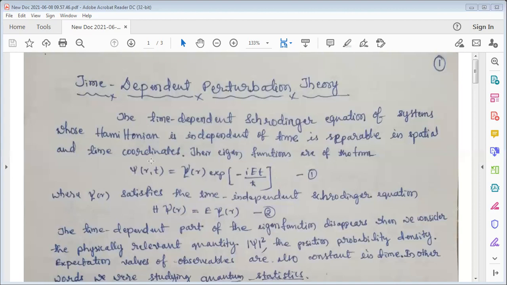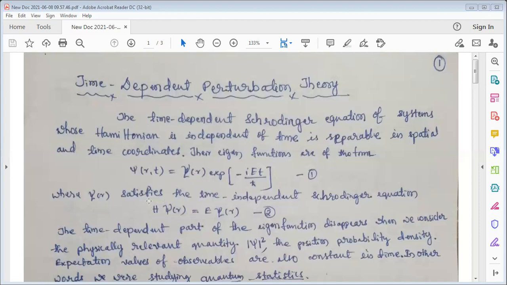So this is the wave function, which is a function of the position and time, and this is the wave function of the whole system.